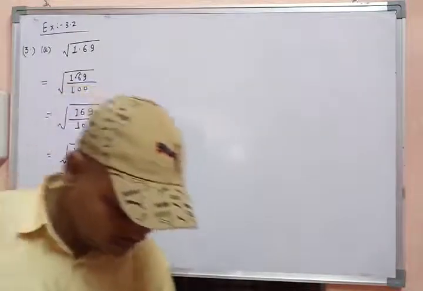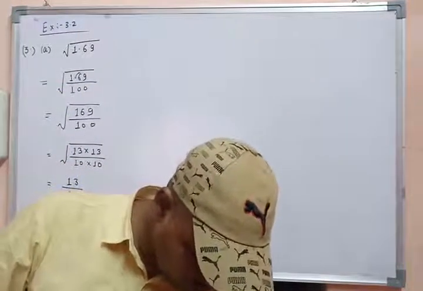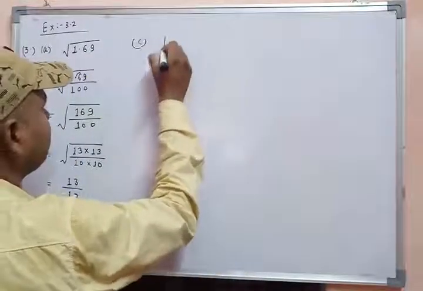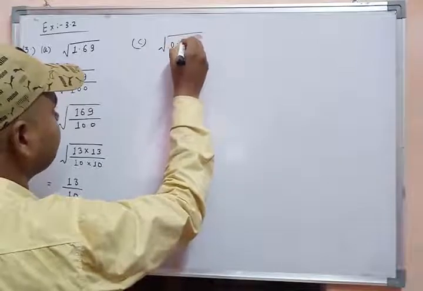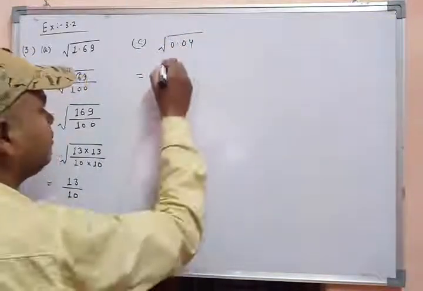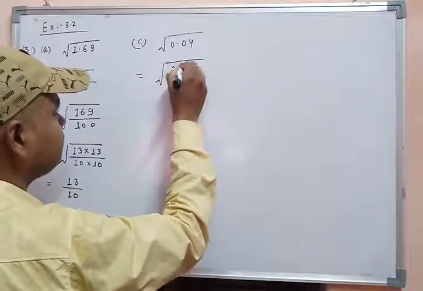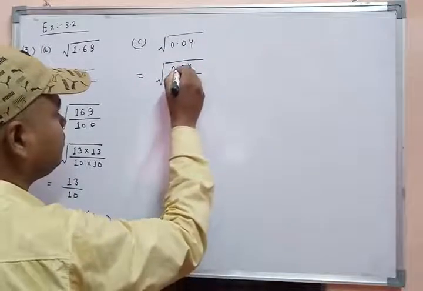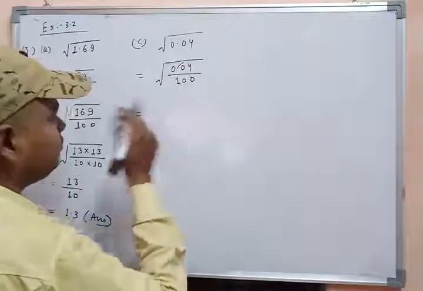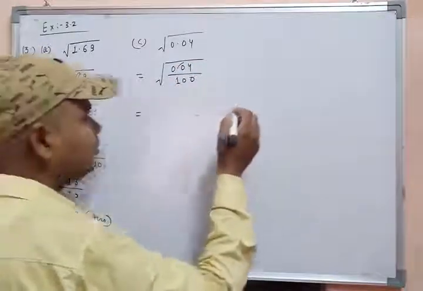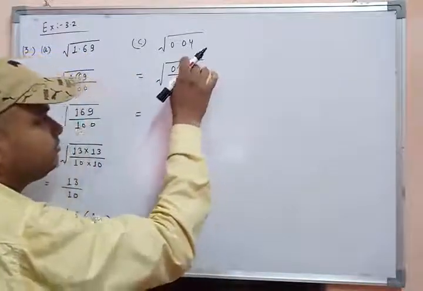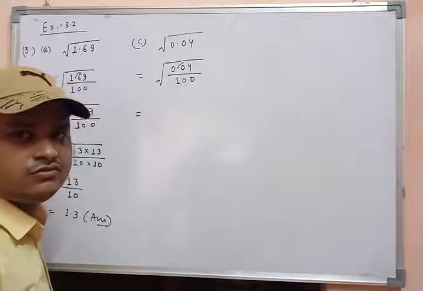Now in the same way we have to find the square root of 0.04. First of all you have to remove this decimal by this. Now here before 4 there are two zeros.